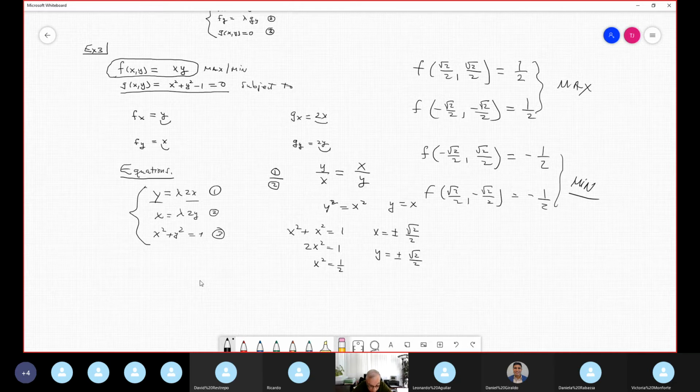Let me try to explain now how we can do this in Wolfram Alpha. Okay, let me try, guys. I go to Google Chrome. I type Wolfram Alpha.